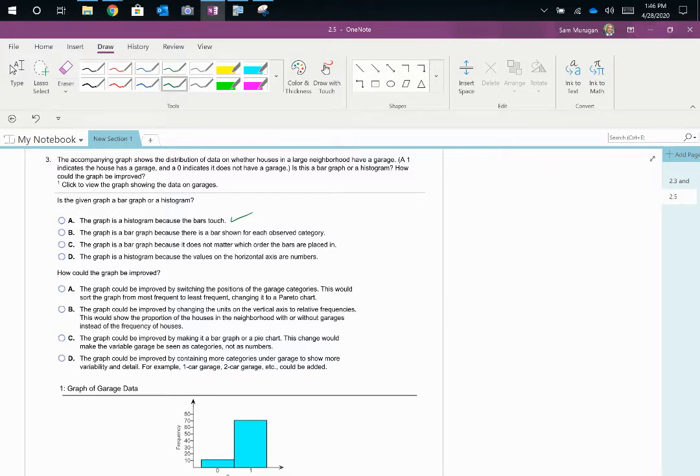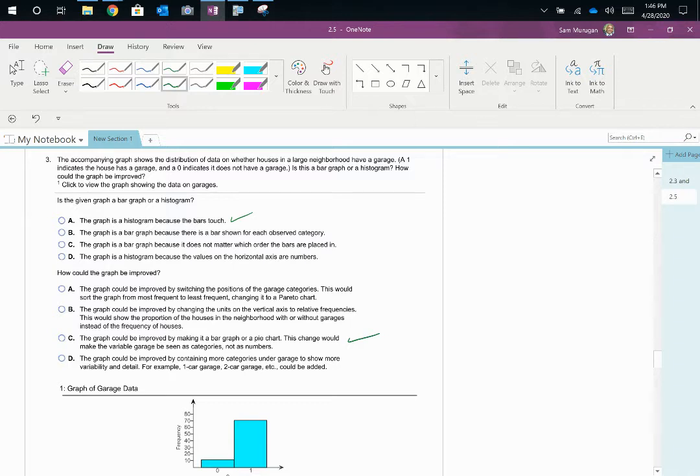How could the graph be improved? So I think that you can improve this graph by using a bar graph because it's categorical, right? And we could use a bar graph or even a pie chart to make this data better. We don't have to look too far for this answer.